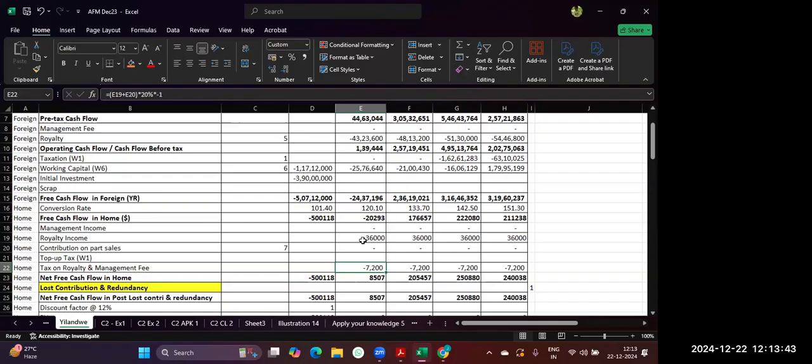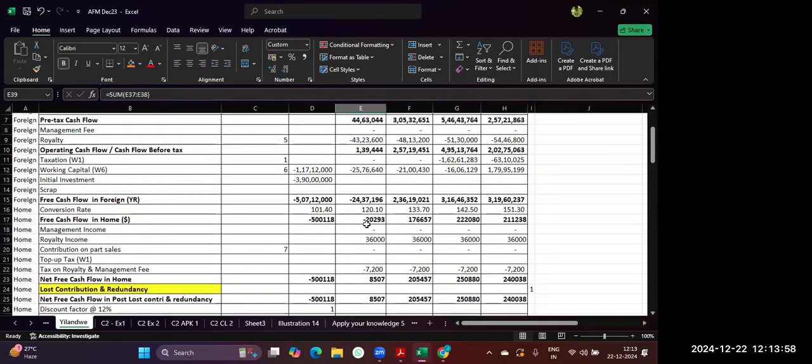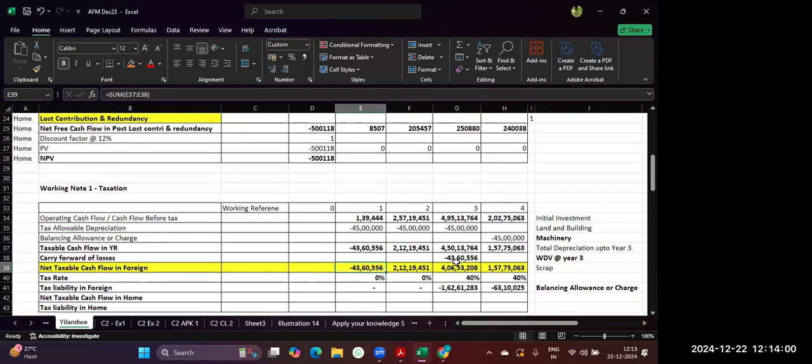That does not mean there is no tax rule there. It is just that the government is giving it out of courtesy. But when you did a proper tax calculation, the tax rate was 0. Your free cash flows already included this as an expense, and you have carried forward your losses to the year. So you have already taken the benefit, right?